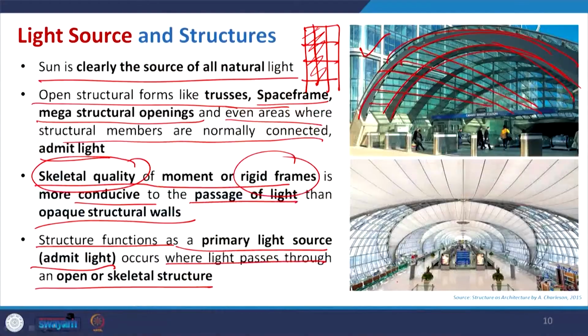This example is from the Bangkok airport. So, where you can see the waiting area, this is being illuminated with the daylight, which is again some kind of structural arrangement with the steel frame and then the glass combination. And this application is not only used for this airport.